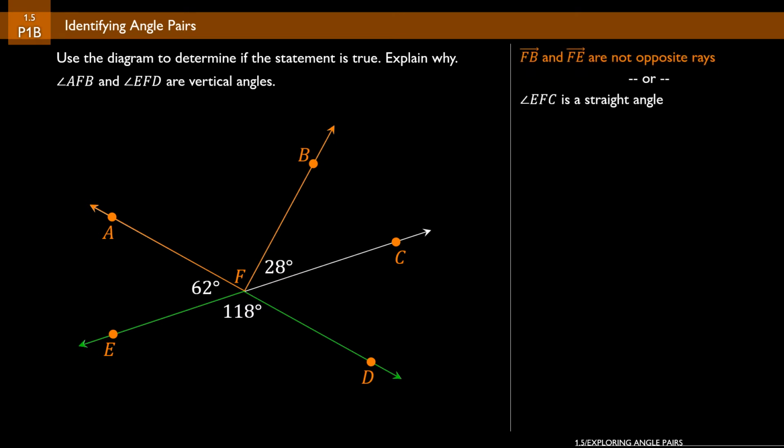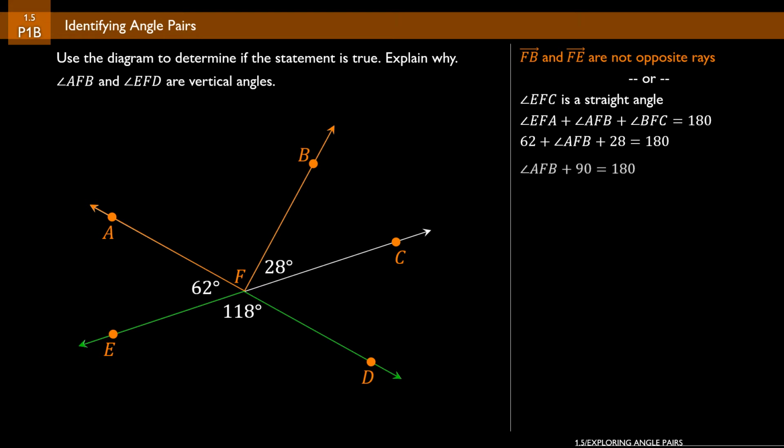There is another way you could prove this. If you look at angle EFC, it is a straight angle. Angle EFA plus angle AFB plus angle BFC is going to be equal to 180. When we substitute the values that we know into that equation, we get 62 plus angle AFB plus 28 is equal to 180.